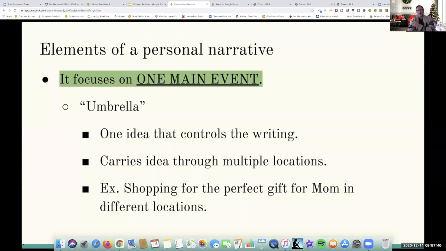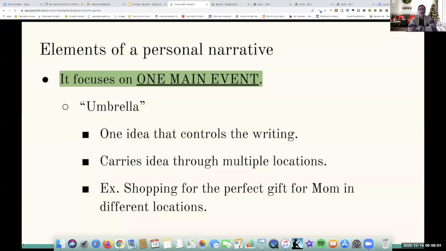Oh man, I went into one of those one time and it scarred me for life. That's a story for a different occasion. But the one main event is shopping for mom. It can take place at different locations, but the one unifying thing is that we're shopping for mom.